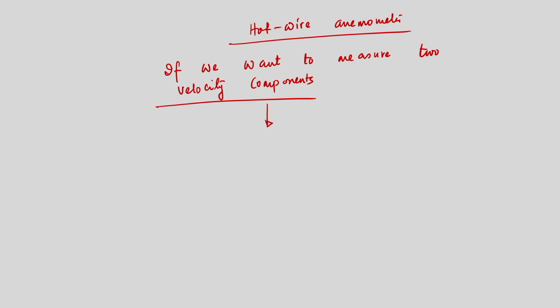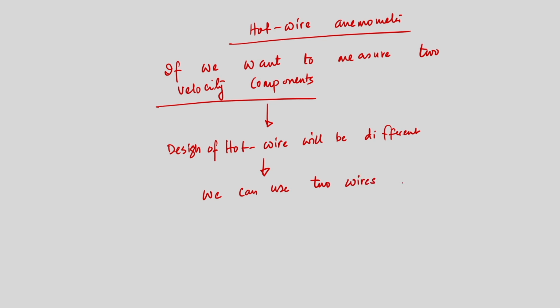So if you would like to measure two velocity components, the design of the hot wire will be different, and we can use two wires at right angles to each other to measure the velocity components.